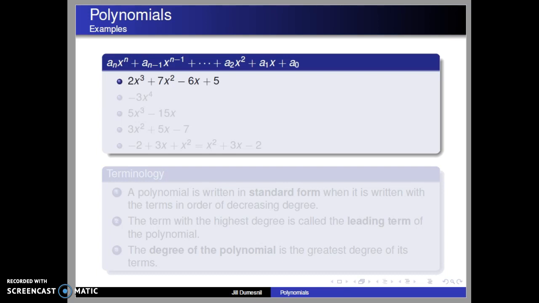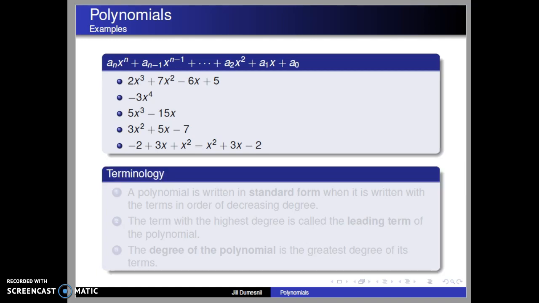Polynomials can have any number of terms, and the terms can be written in any order, since addition is commutative and associative. However, it's standard to write polynomials in order of decreasing degree.